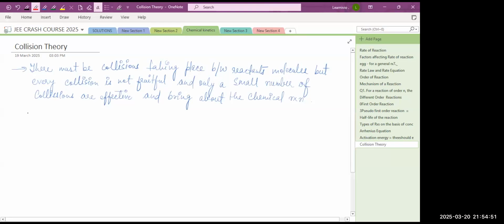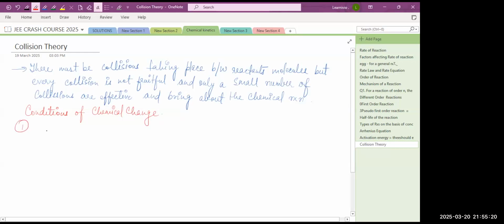So a reaction occurs when the reactant molecules encounter together, meaning when the reactants undergo effective collision with one another.